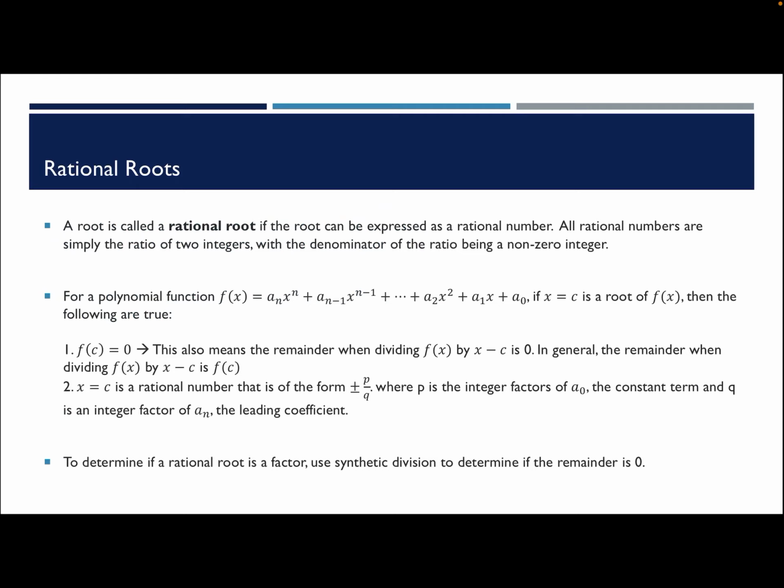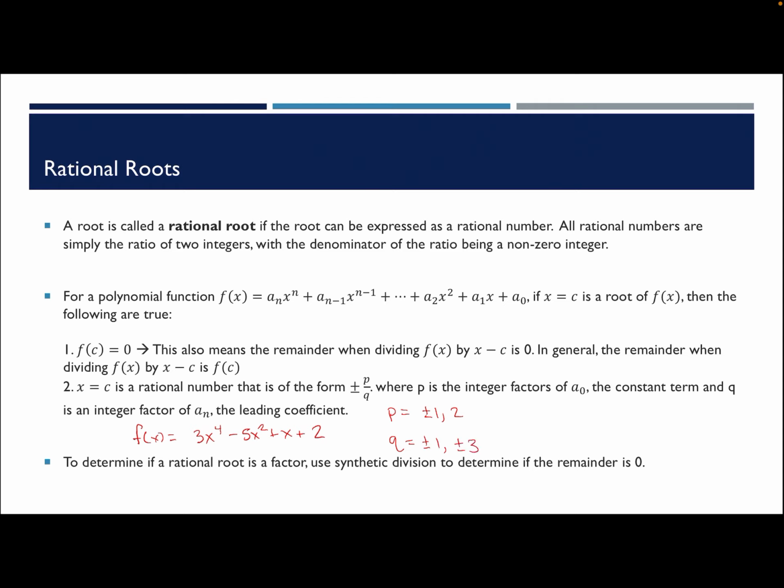An example would be if we had f of x equals 3x to the fourth minus 5x squared plus x plus 2. So in this case, p is going to equal all of the factors of 2, which are just plus and minus 1 and 2. And q is going to equal all of the factors of 3, which is just plus and minus 1 and plus and minus 3.